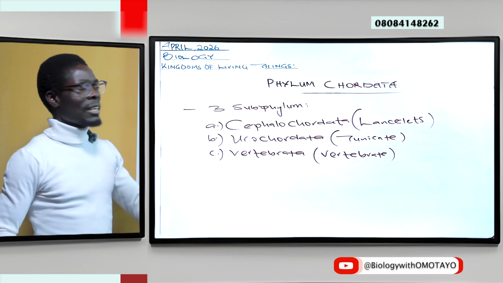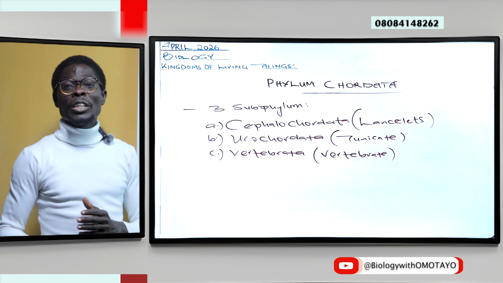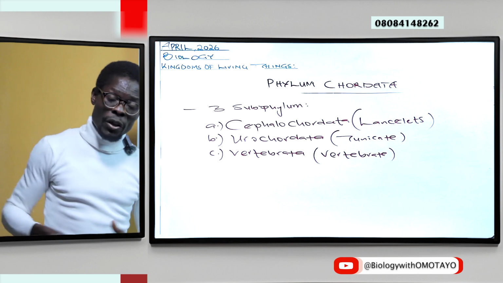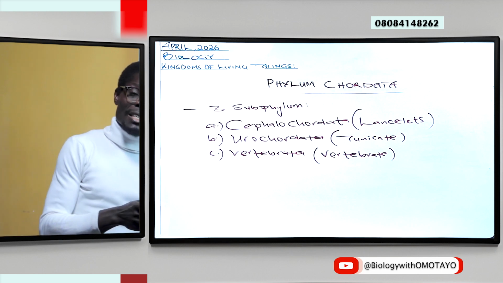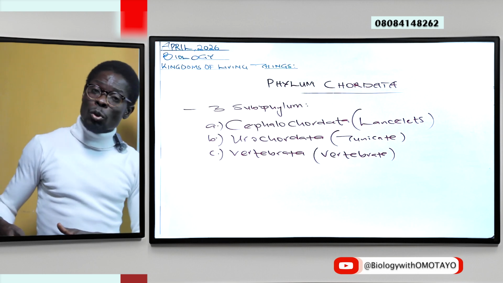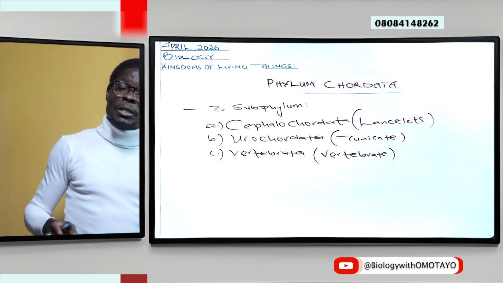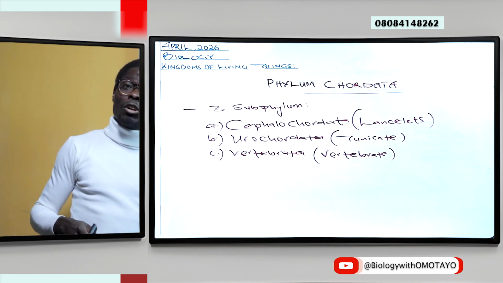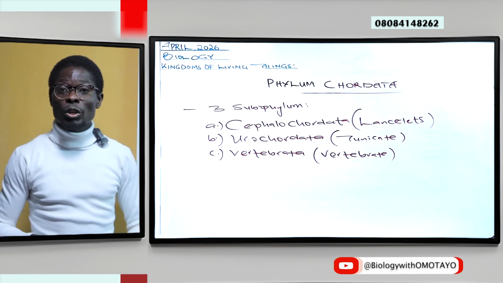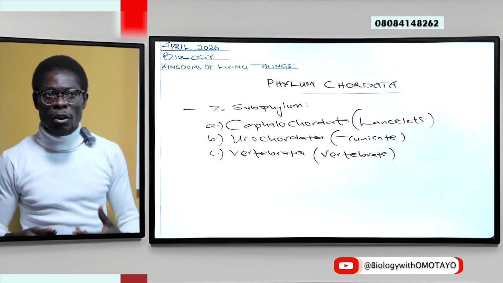A similar thing is experienced with Urochordata. However, with Vertebrata, the notochord exists at the primitive development stage, but at adult stage, it is well modified and differentiated into what we call the spinal cord.